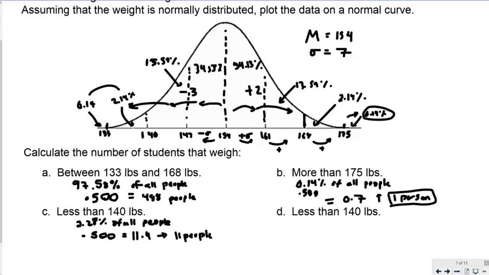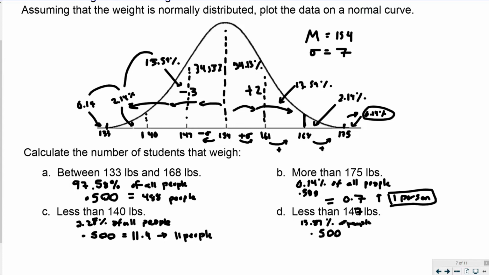It appears that I put less than 140 twice. I'm going to change this to be less than 147 was what it was supposed to be, excuse me. Less than 147 pounds. So I'm going to add the previous two plus this additional third one. So it's going to be 2.28 plus 13.59% of all people. 15.87% of all people fit in this category. So I'm going to multiply that by the 500 people.